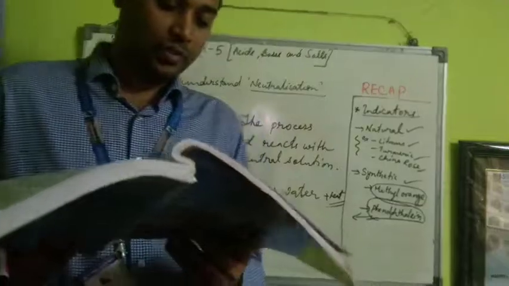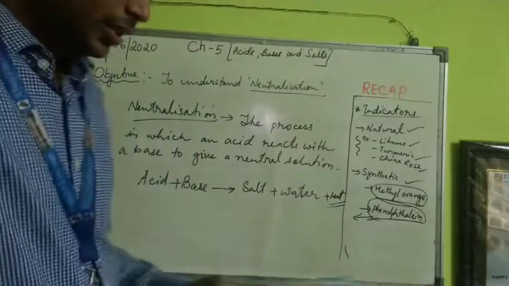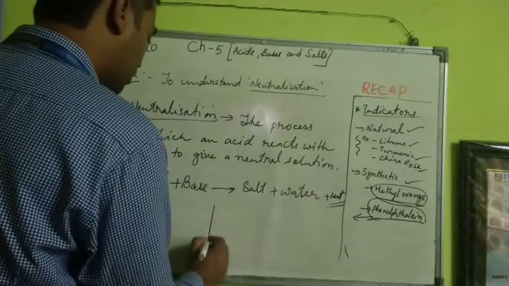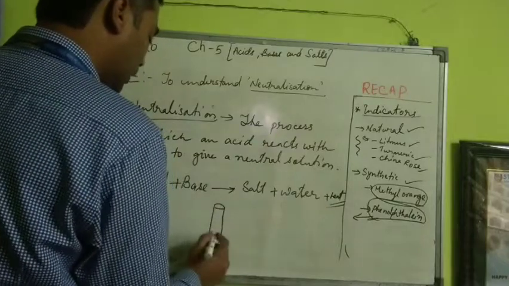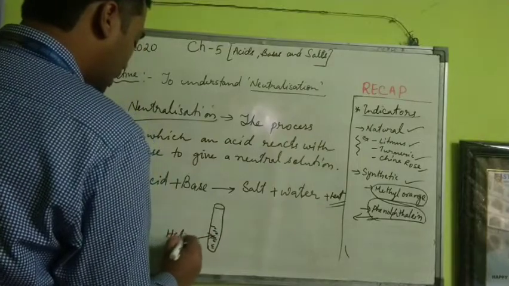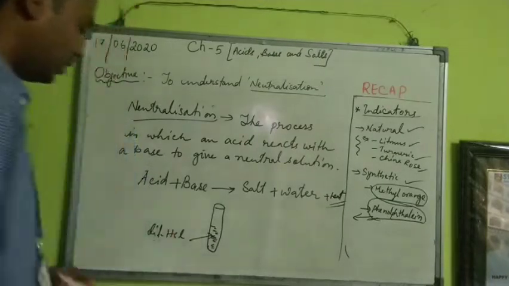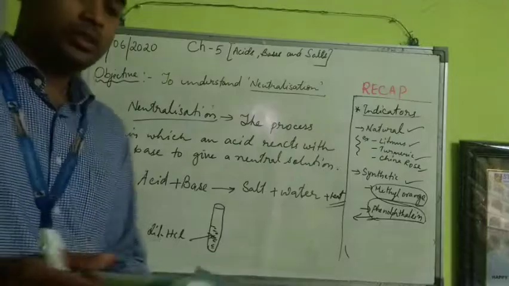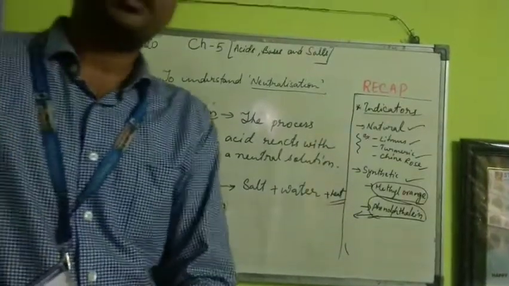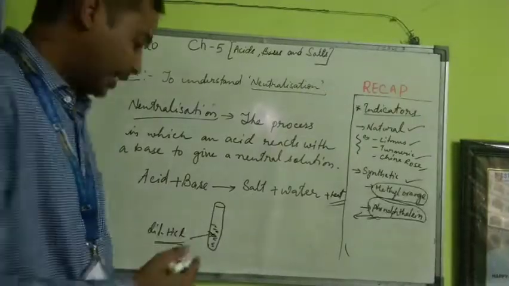So what you have to do now is take a test tube and fill it with dilute hydrochloric acid. This is HCl, hydrochloric acid in diluted form. Why diluted? The severity can be reduced by diluting the acid. So basically for experiment purposes we use dilute hydrochloric acid.